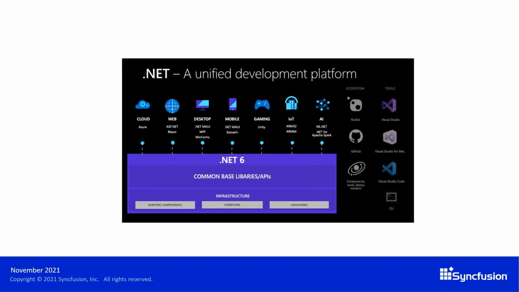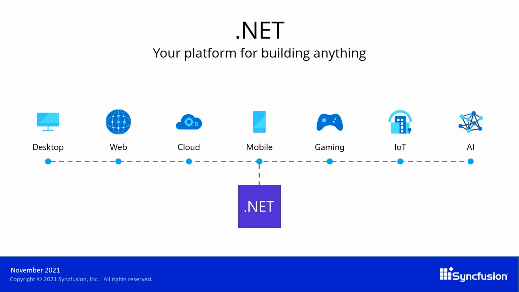So .NET is a free, cross-platform, open source developer platform for building many different kinds of applications. It is a platform for building anything from desktop and web to cloud, gaming, IoT, and artificial intelligence. And today we are exactly in the middle with .NET MAUI.